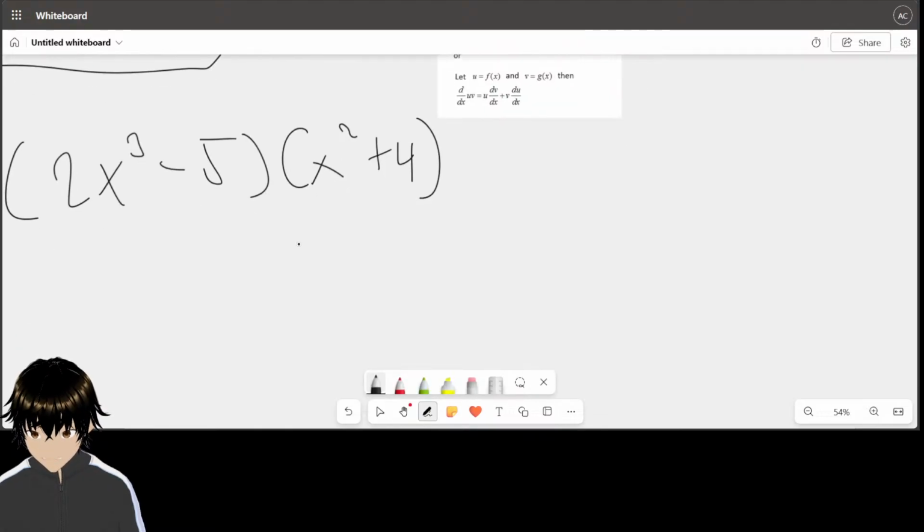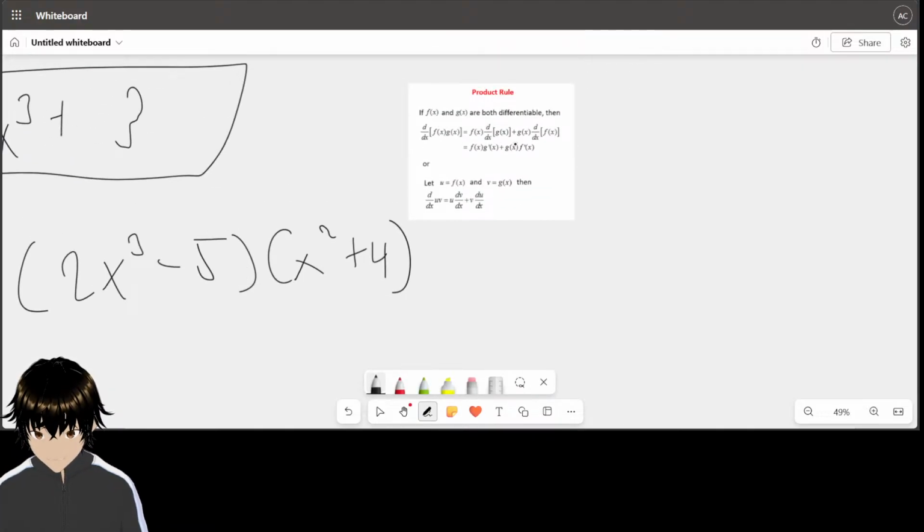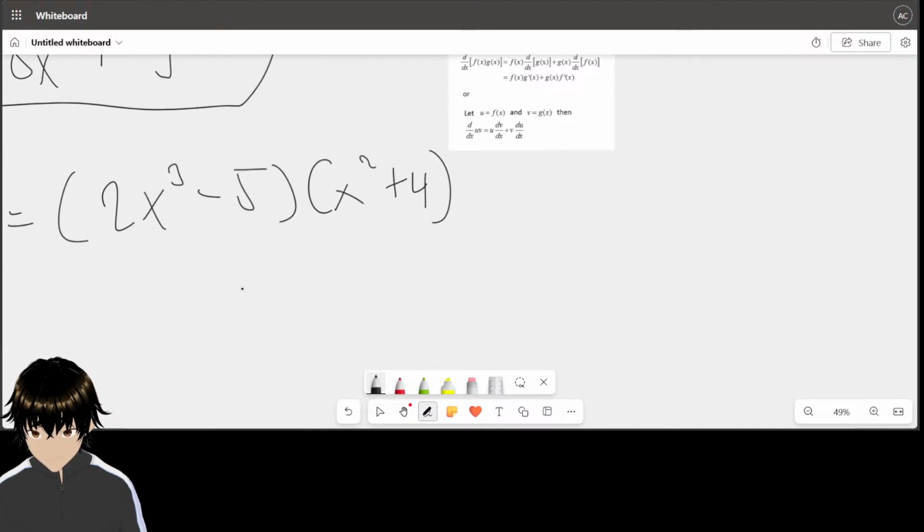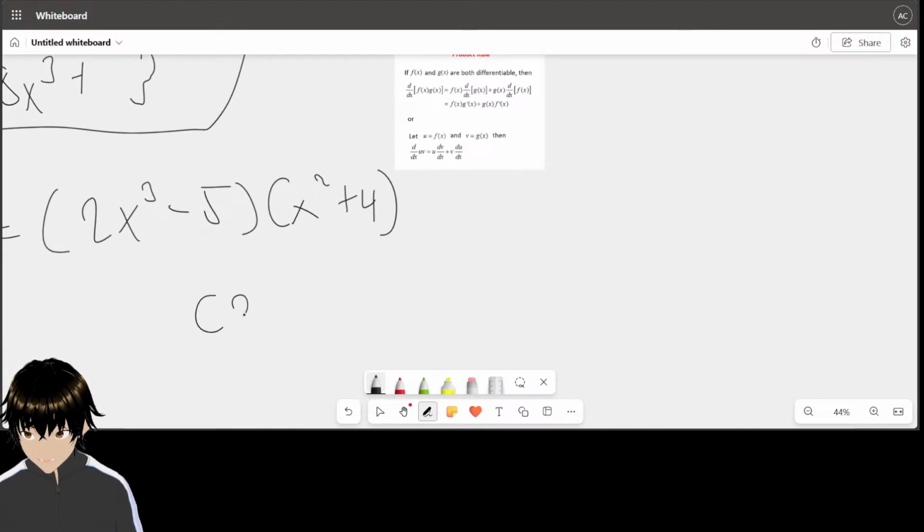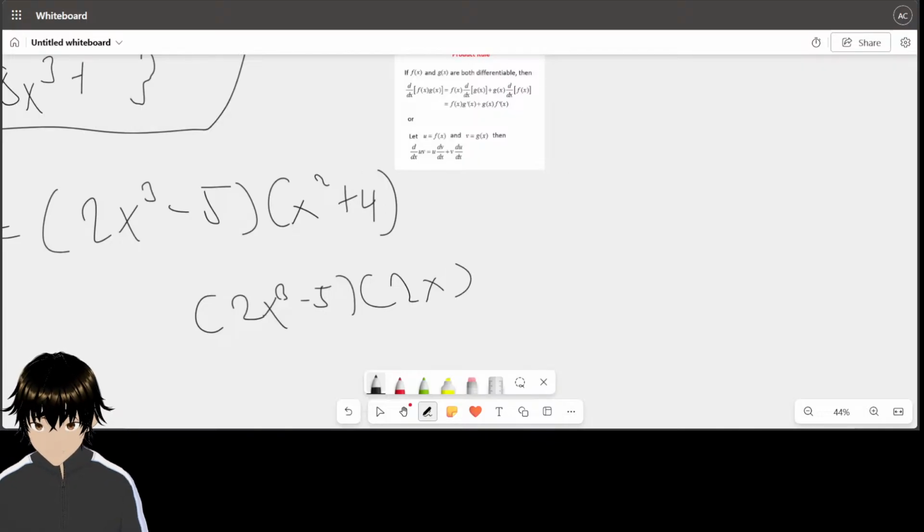Alright, let's try to solve this first. So we have f of x. Okay, so let's first start with 2 times the derivative of g of x, which is this. So we're just going to write 2x, and I believe it's 0. Yeah, see, because it's a constant, right?